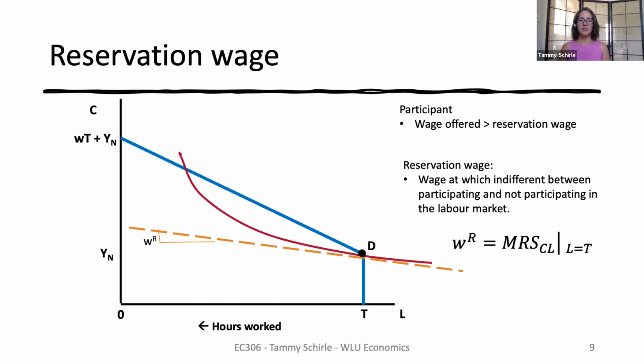So the indifference curve is much flatter at that point, and the reservation wage is much lower. We can also clearly see the slope of the potential income constraint is steeper than the line for the reservation wage. Because the market is offering a wage higher than their reservation wage, this person chooses to work a positive number of hours here at point A.